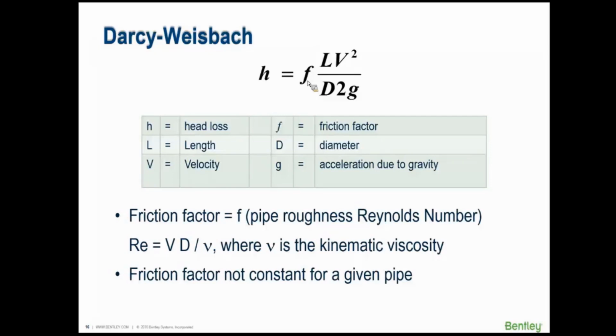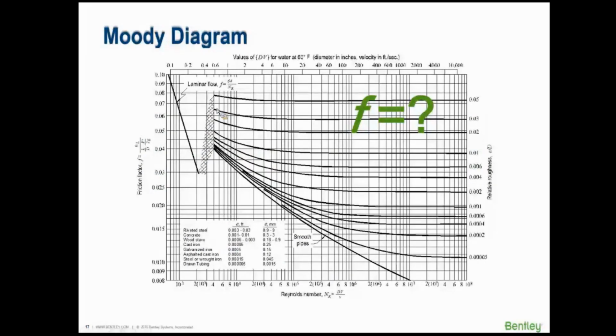And unfortunately, for any pipe, it really is a function of how fast the water is moving as well, in addition to the V up in the first part of the Darcy-Weisbach equation. And around the 1940s or so, a man named Moody at Princeton University came up with this graph that showed how to get the friction factor. You see it's a function of how rough the pipe is, that's the right axis, and what the Reynolds number is on the bottom axis, to get the friction factor.